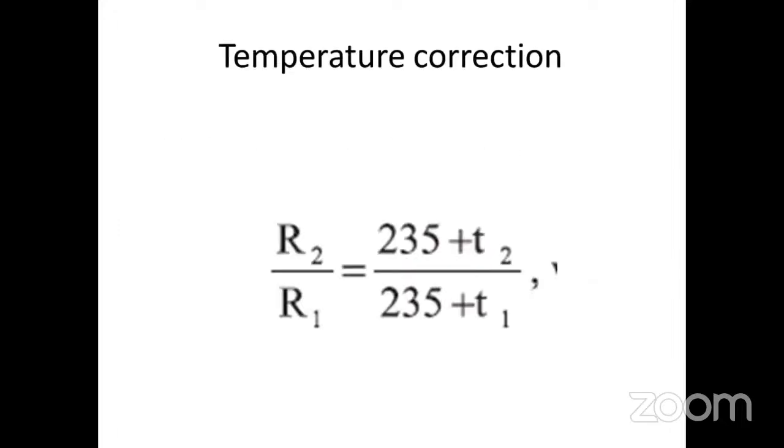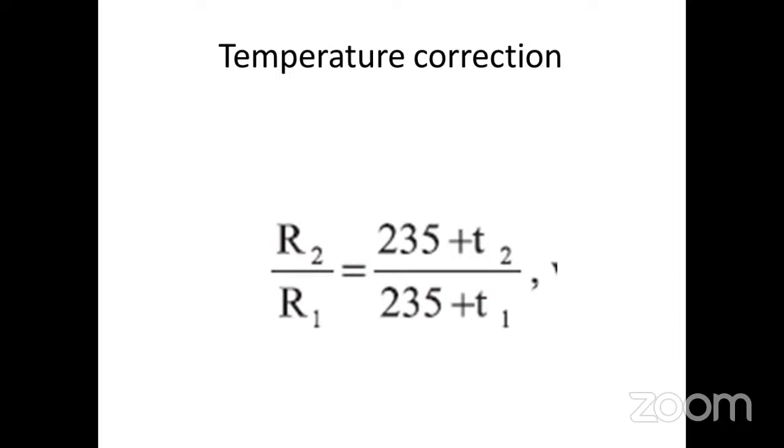Sir, temperature correction, we have to do it. The resistance will not be the same when the motor is at room temperature. That is, before starting, the resistance will be very low. After running at full load, the temperature will be rising, and this rise in temperature will change the resistance.